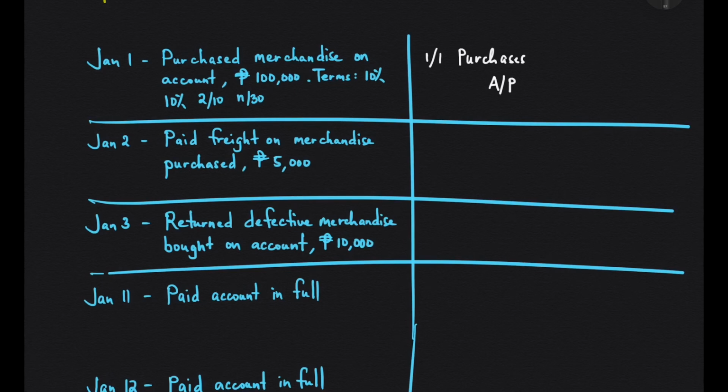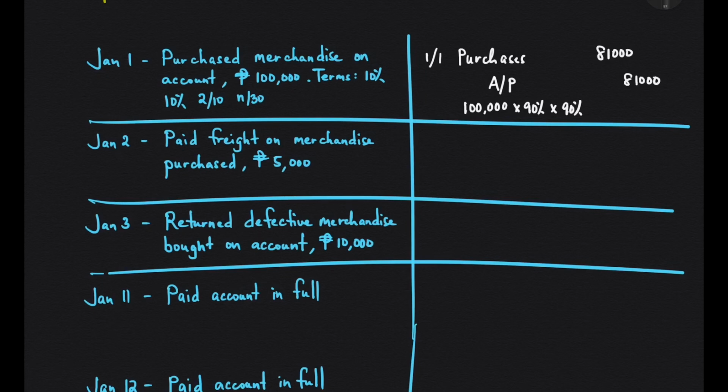Okay, and then for the amount, it's not 100,000 because you have to deduct the trade discount first. So to compute, that's 100,000 times 90% times 90%. Let me just compute it here. Times 0.9 times 0.9. Okay, so the answer is 81,000. Note that the trade discount is automatically deducted.